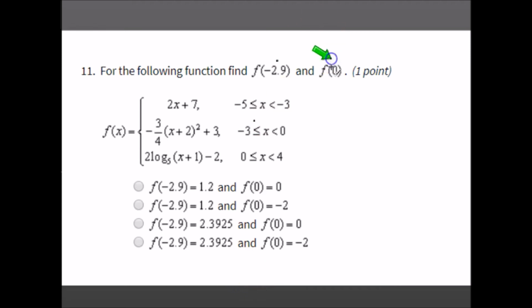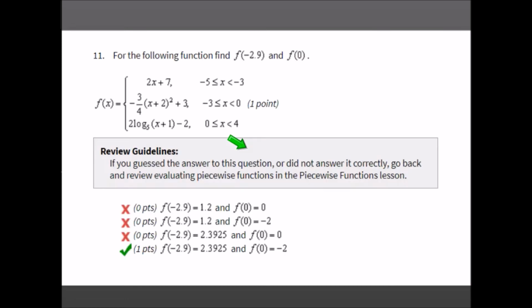And for 0, I need to make sure I have the correct window as well. I would be in the third window because of 0 less than or equal to x, meaning it's included in that piece. So that is just a Desmos issue. You're going to pop them in and evaluate them and pick your answer choice. So I get answer choice D.